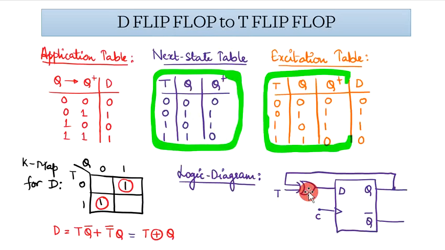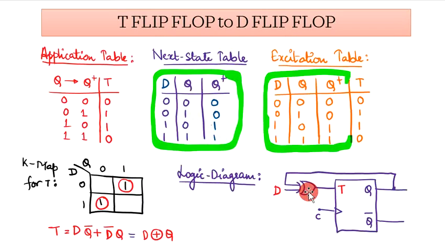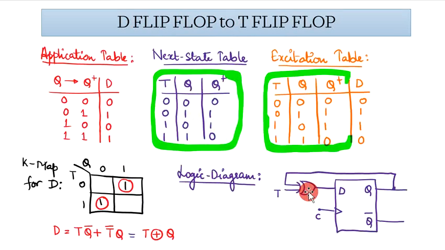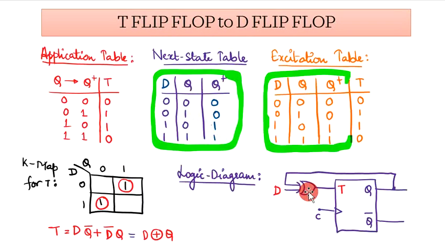The next one, if you observe, is T flip-flop to D flip-flop. The previous type was D flip-flop to T flip-flop, and this is T flip-flop to D flip-flop. So here it is just the opposite.